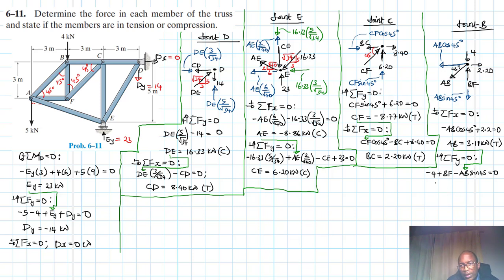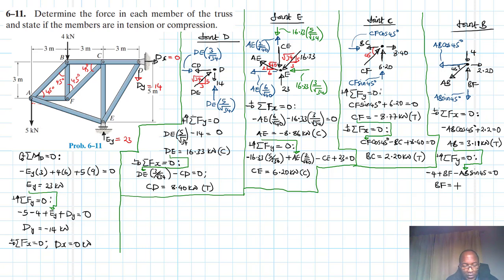Therefore, our BF is just going to be equal to, so we have 3.11, so minus 3.11 sine 45 minus 4.